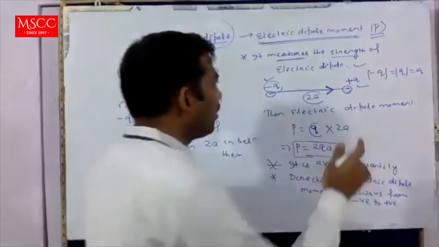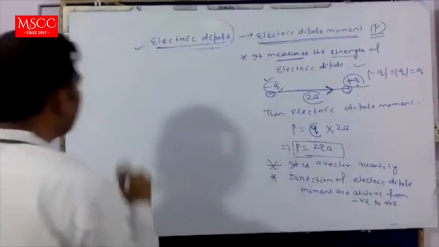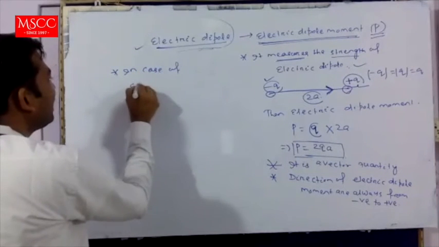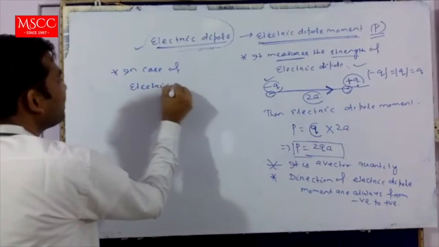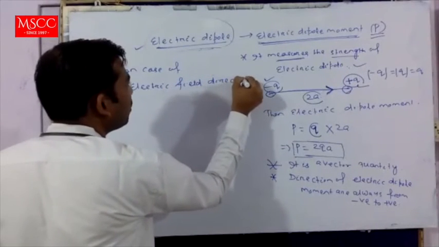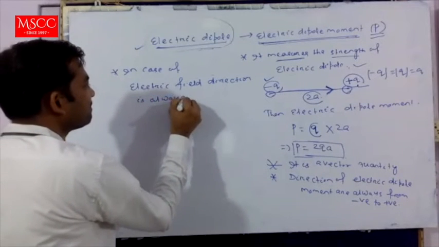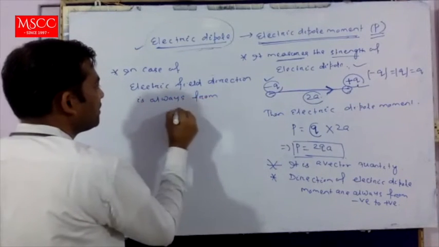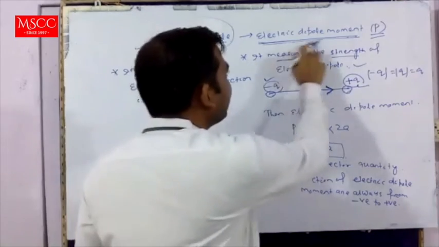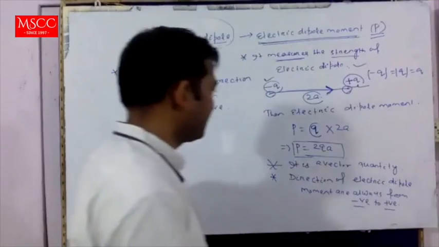In case of electric field, direction is always from positive to negative, whereas in case of electric dipole moment, direction is always negative to positive.